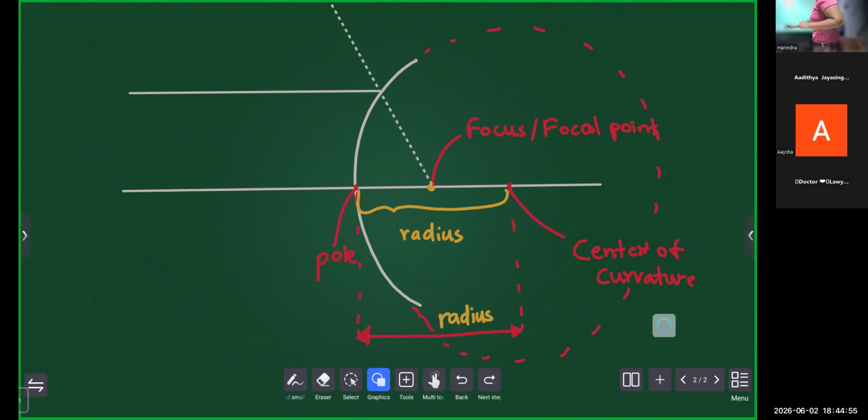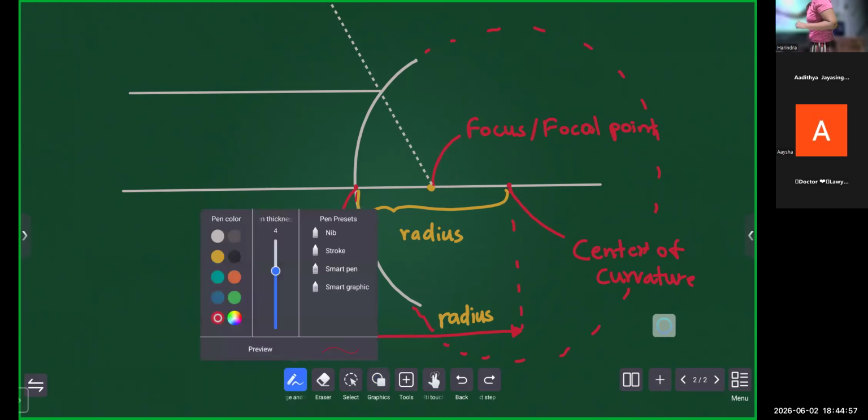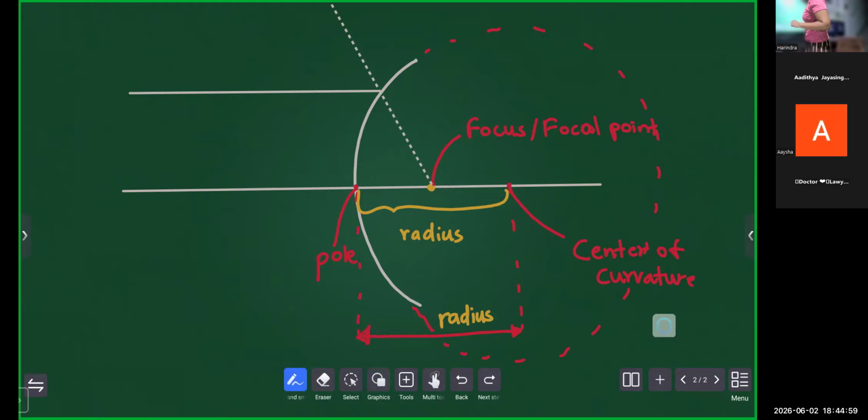Okay, so we have to complete the line here like this. This is how we have to draw the incident ray and the reflected ray. The incident ray and reflected ray come in that way. It looks to us as if they are coming from here.